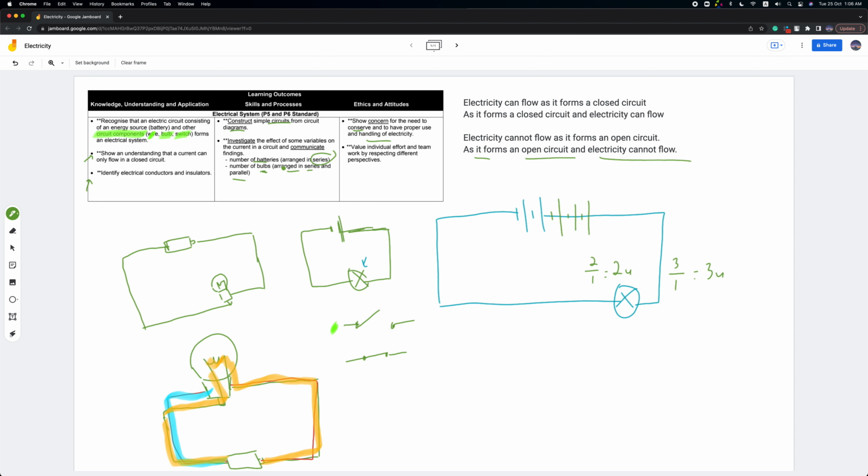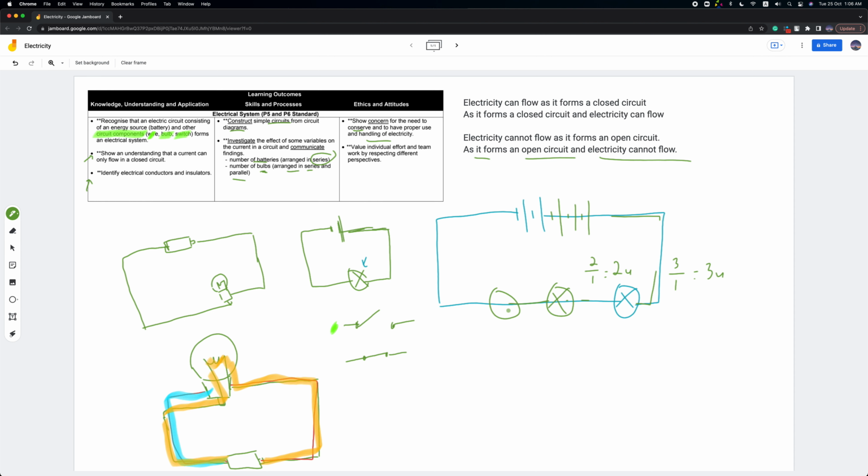Now, what happens if we arrange the bulbs in series? Before that, series and parallel. We talk about series first. Series is very direct. When we say the bulbs are arranged in series, that means when the electricity flows in that loop or in that circuit, it flows through all the bulbs.